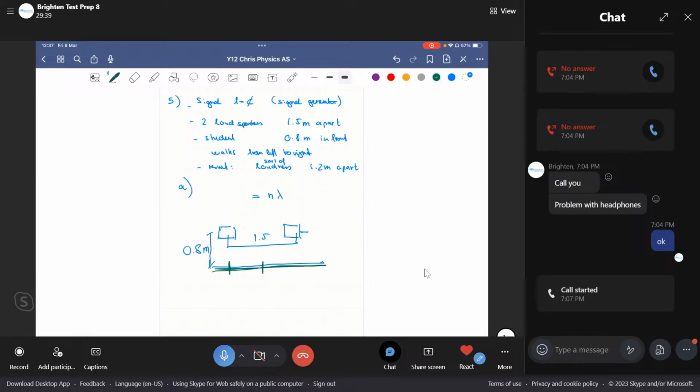So that would be 1.2 meters. We have, it's a bit more from the geometric setup, right? It's a bit more than just what we typically have with the constructive interference.